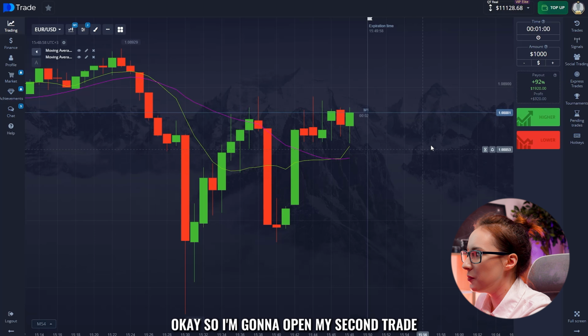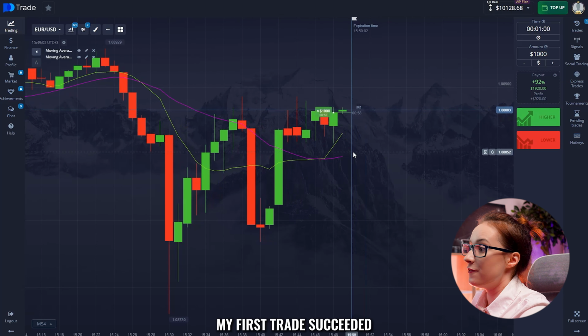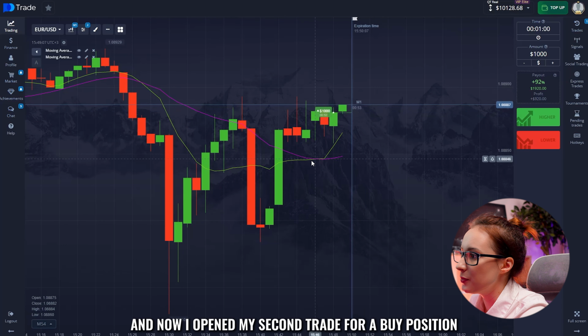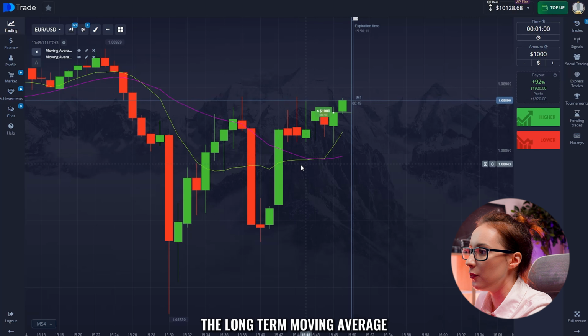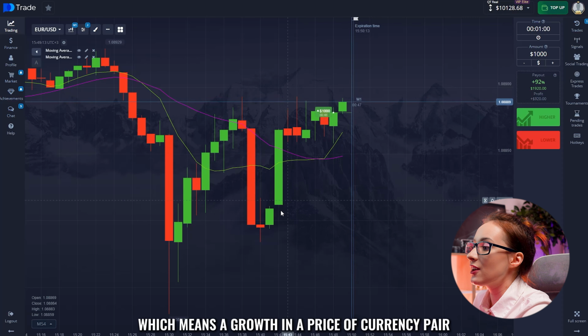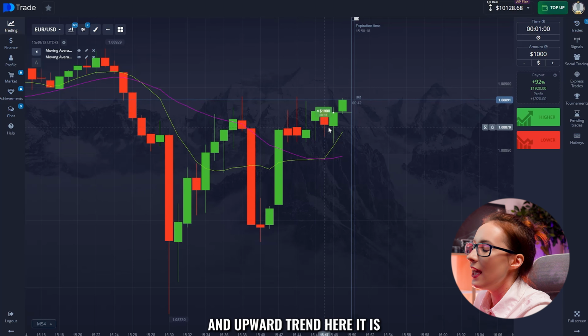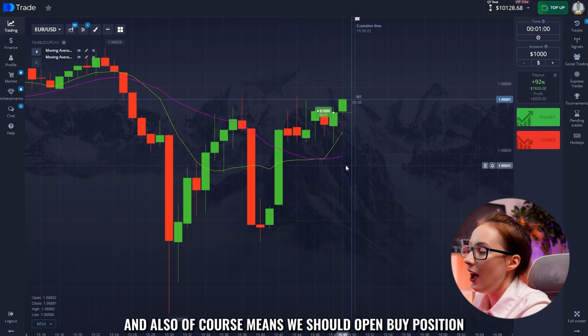Okay, so I'm going to open my second trade, open the buy position. Again, my first trade succeeded, and now I opened my second trade for a buy position because my short-term moving average crossed above the long-term moving average, which means a growth in the price of the currency pair, an upward trend, here it is, and also of course means we should open a buy position.